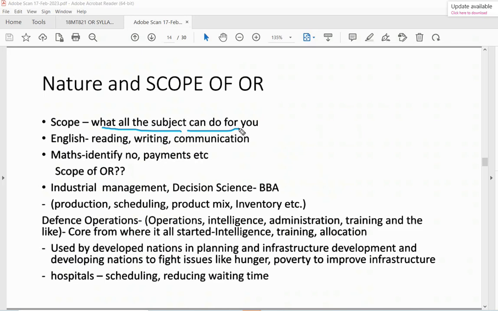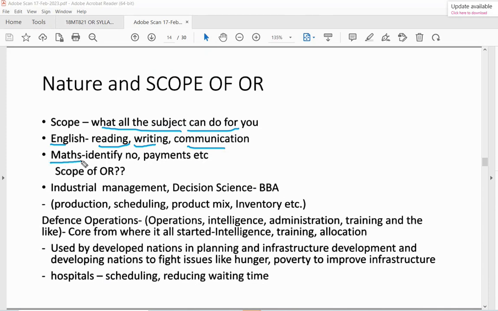Okay, there will be the presence of a language, especially English, which is to be used from the reading point of view, writing point of view, and communication point of view. Because if I'm defining one approach, that approach has to be used for implementation. For that reason, we have one language, that itself is English.